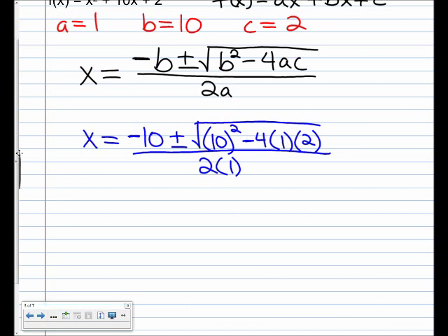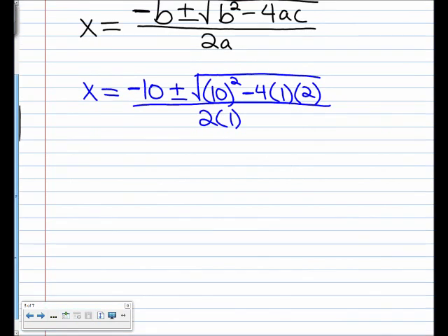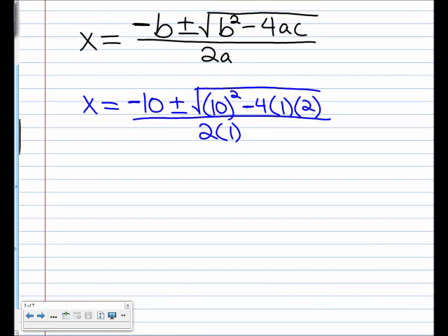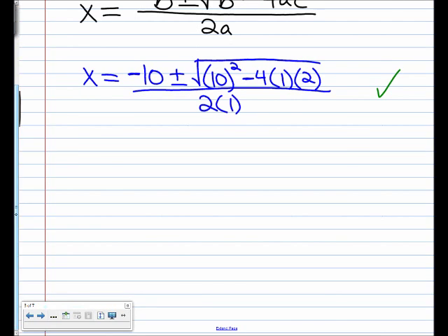At this point, all it becomes is, can you simplify it? This is kind of like our first checkpoint. Can you get all of the numbers in the right place? So let's see if we can simplify this. You always start by simplifying underneath the radical.